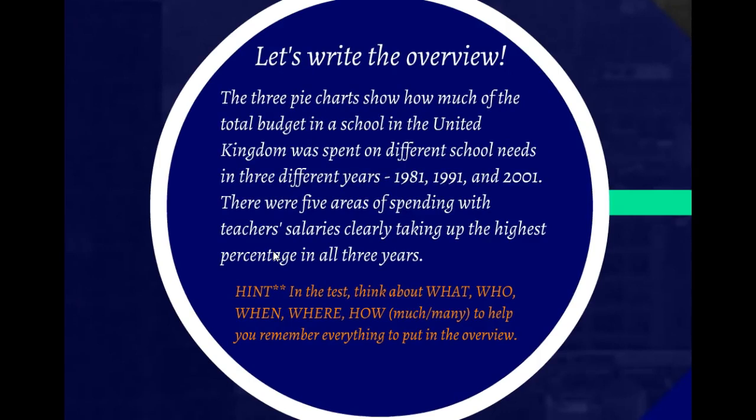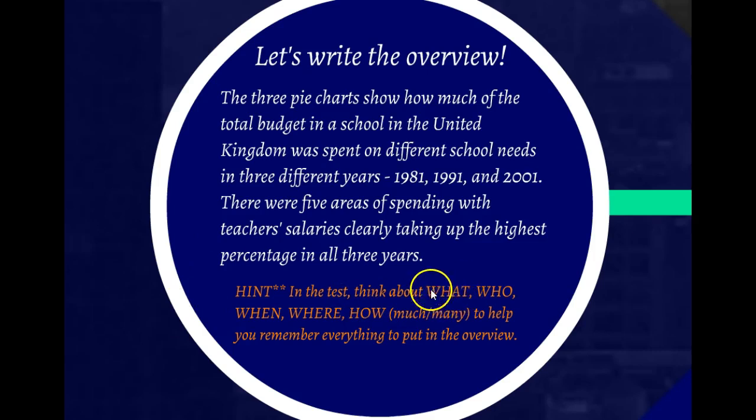Let's write the overview. The 3 pie charts show how much of the total budget in a school in the United Kingdom was spent on different school needs in 3 different years, 1981, 1991 and 2001. There were 5 areas of spending, with teachers' salaries clearly taking up the highest percentage in all 3 years. I've just put a little hint here.